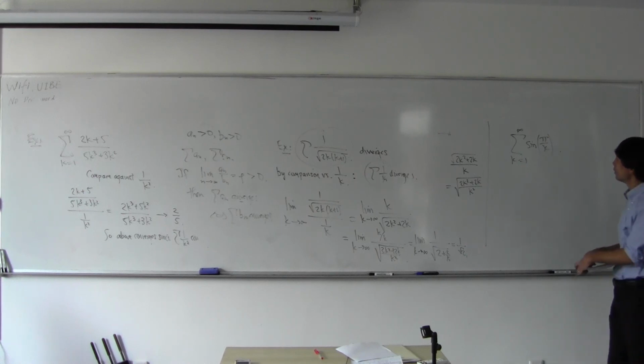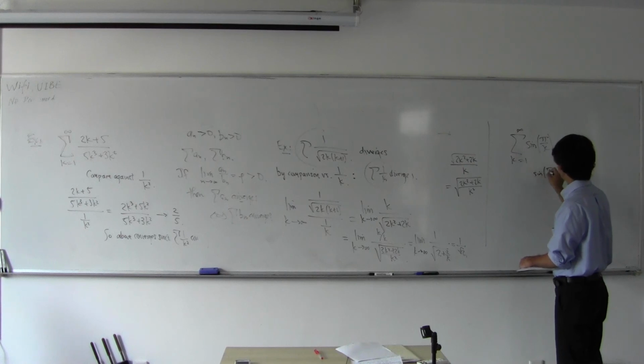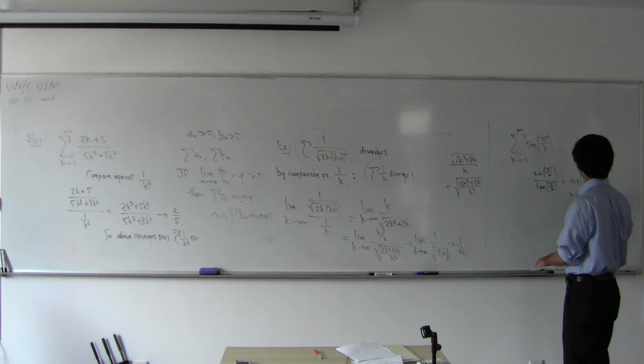Oh, okay. So you're saying sine and compare against tangent, so that's going to be cosine. And then cosine, as k goes to infinity, you're going to get cosine of 0, which is 1.